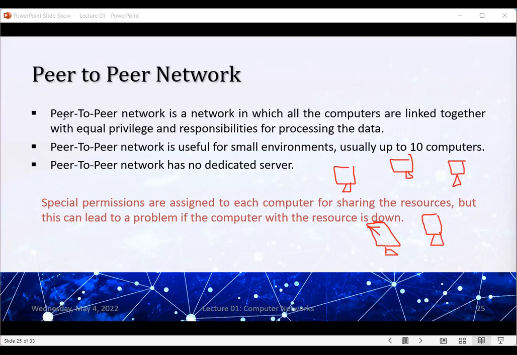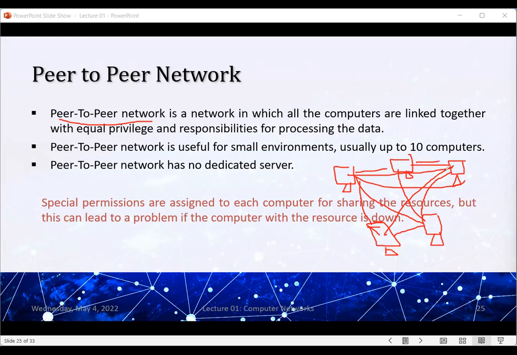So let's say the peer-to-peer means every computer is connected with another computer separately. And also they use the same speed.